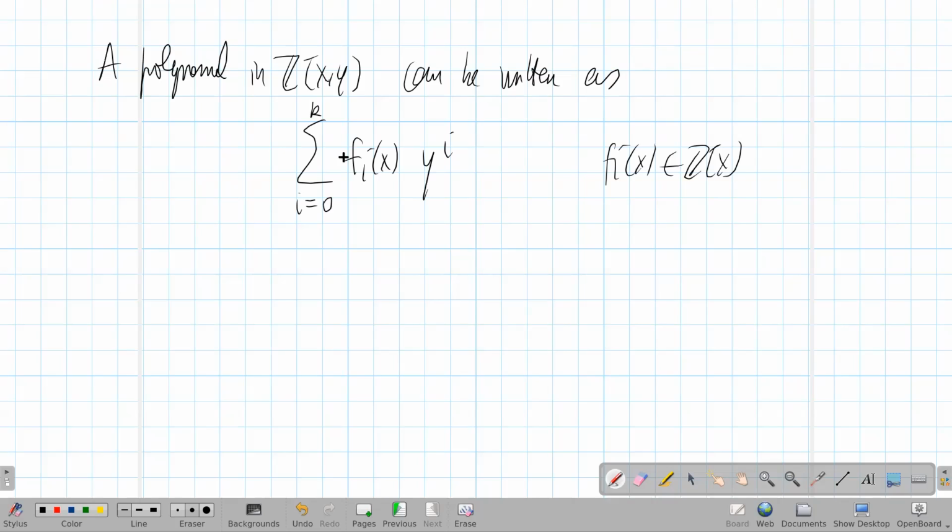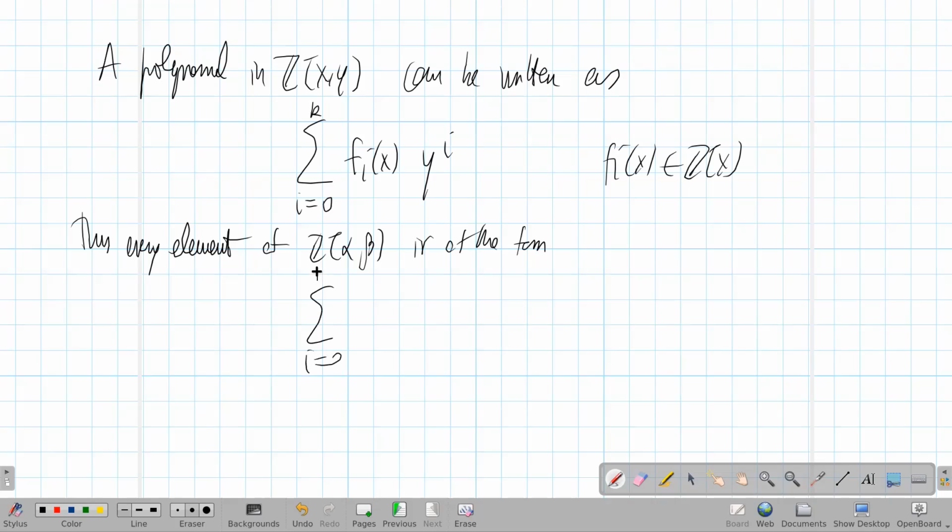And this means in particular that, applying the morphism that I was discussing a minute ago, every element of Z[alpha, beta] is of the form shown, since Z[alpha, beta] is the image of that morphism.